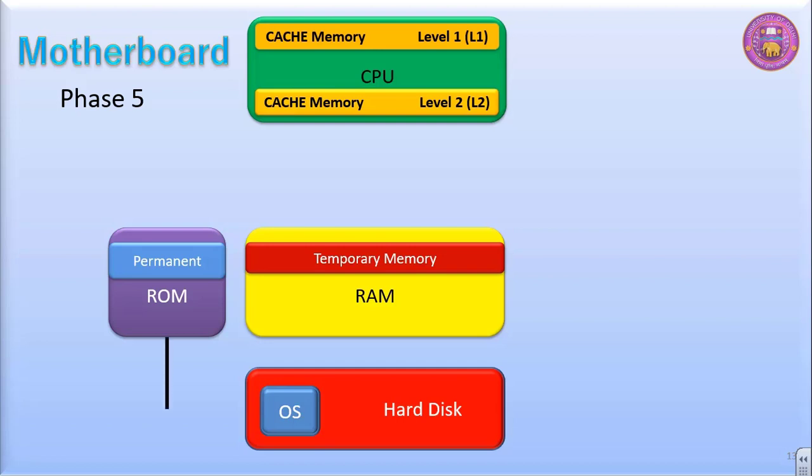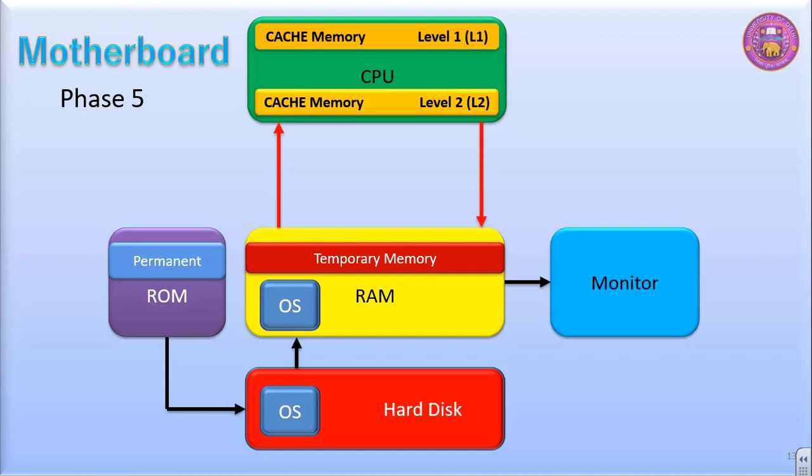Now again we introduce one more memory on the motherboard, and that memory was cache memory level 3. So at present the cache memory level 3 is on the motherboard. L1 and L2 are now inbuilt into the CPU.